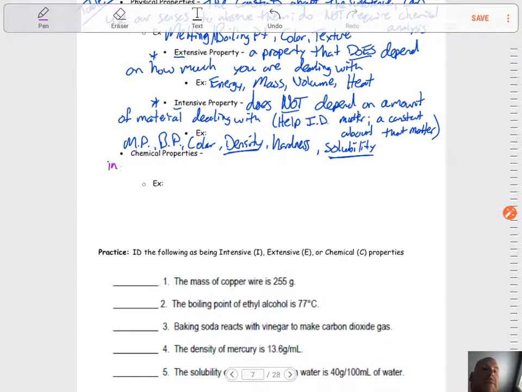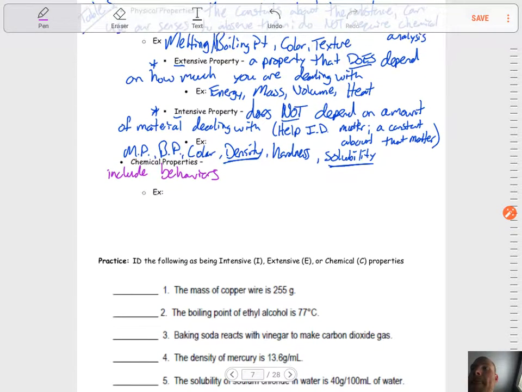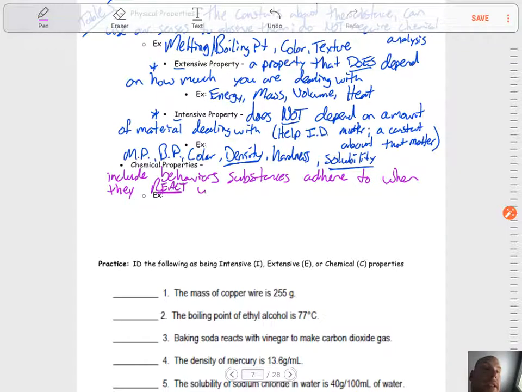These include behaviors substances adhere to when they react. The key idea with chemical versus physical properties is that if there's a chemical reaction involved, then it's a chemical property. If it's reacting or burning or mixing with another substance and produces something new, that's a chemical property.